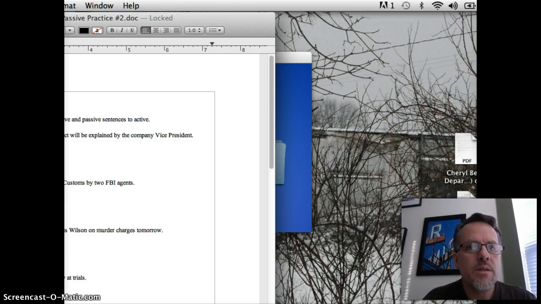So number 1 in the passive practice number 2 is details of the proposed project will be explained by the company vice president. A couple of these sentences are a little longer, but as long as you identify the object of the transitive verb, you should be able to make a passive voice sentence. But in this case, we're starting out with a passive voice sentence, so we need to change it to active.